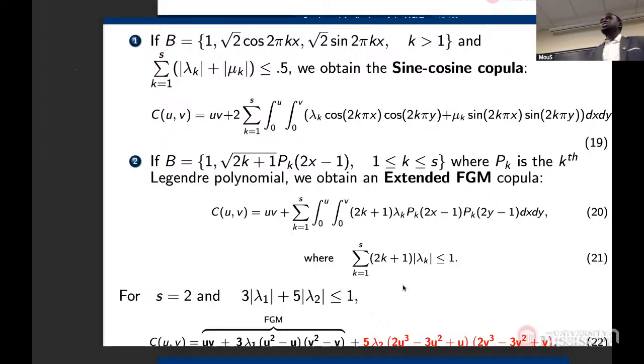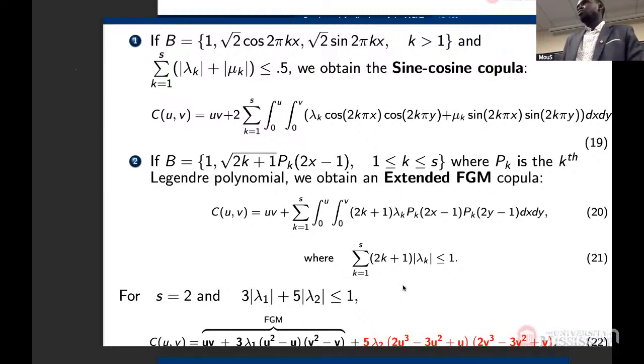And there is also an interesting case, which is the extended FGM copula. By choosing the basis to be the set of, one is there, and we use rescaled and shifted Legendre polynomials for our functions pk, then this copula constructed by this specific basis under condition 21 is an extended FGM copula.